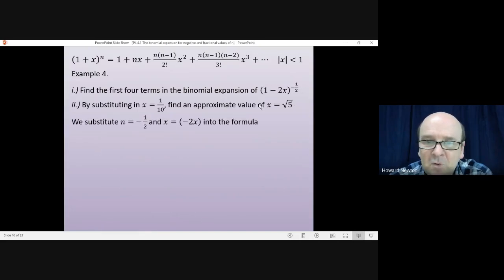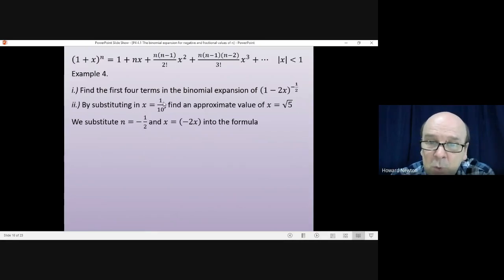So looking at what we've got here, we're going to substitute in n equals minus a half, because that's the power. And looking in the brackets, instead of x, we've got minus 2x. So we're going to substitute x equals minus 2x into the formula. Same as the last question. Do that. Once you've done that and got the answer, just press forwards.